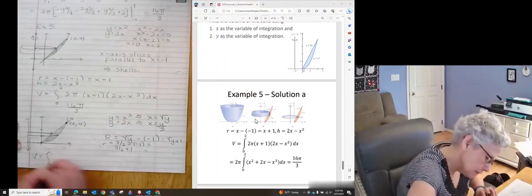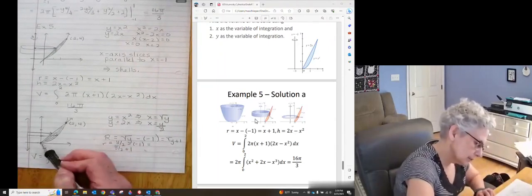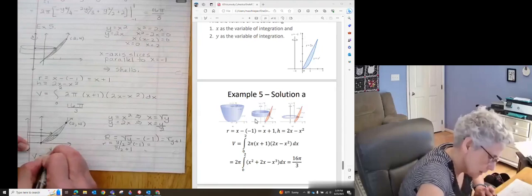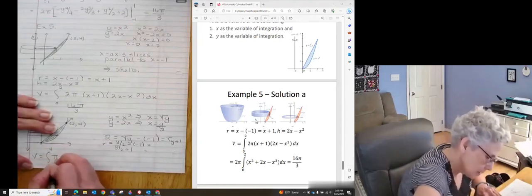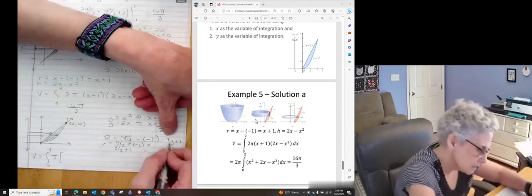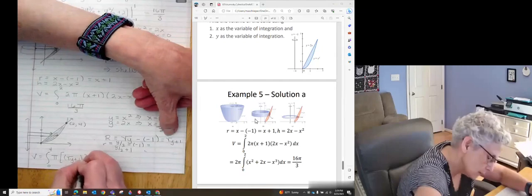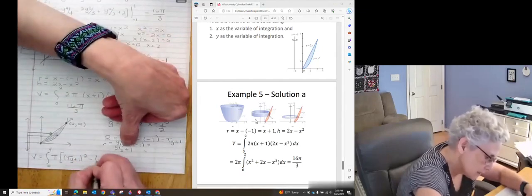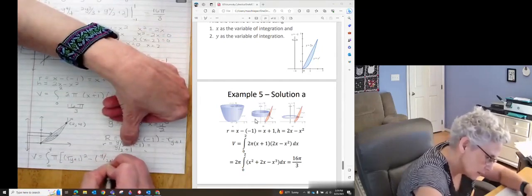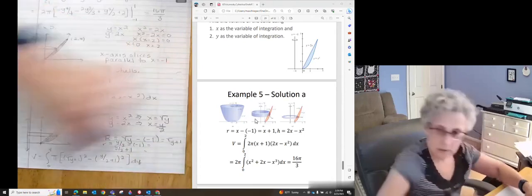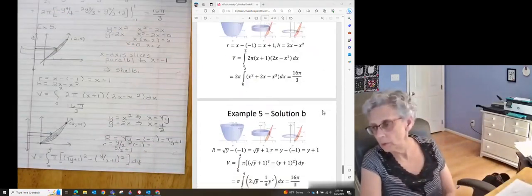So my volume, my integral is going to go from 0 to 4, because that's where my slices go, pi times the outside radius squared, so square root of y plus 1 squared, minus the inside radius squared.